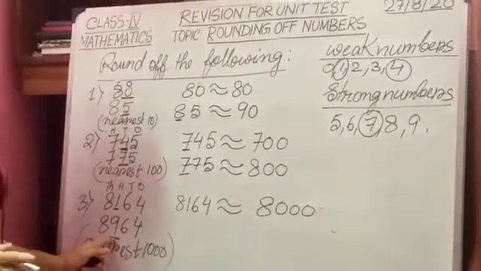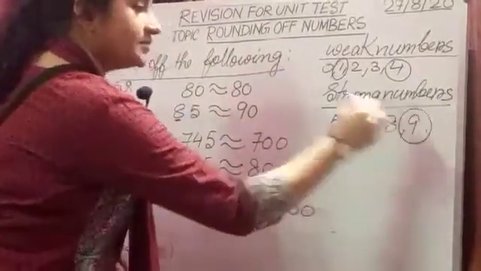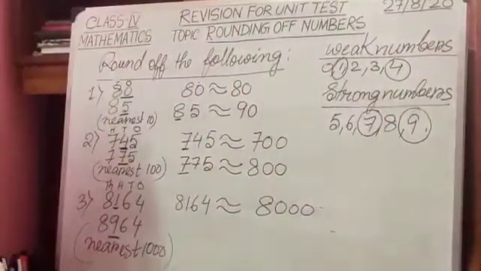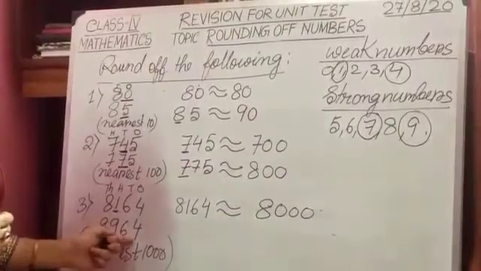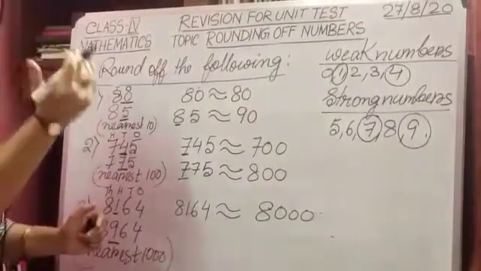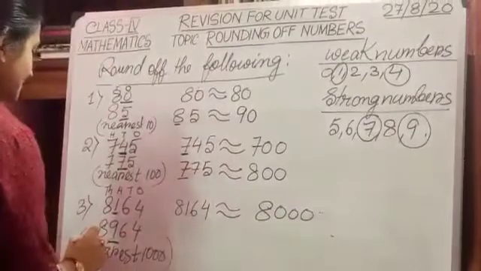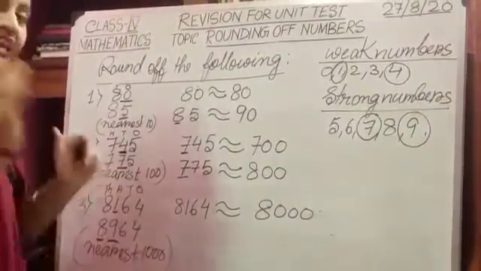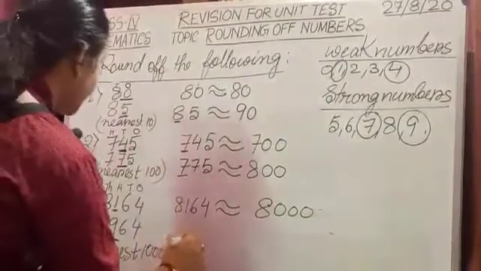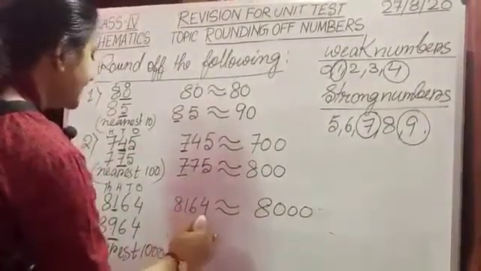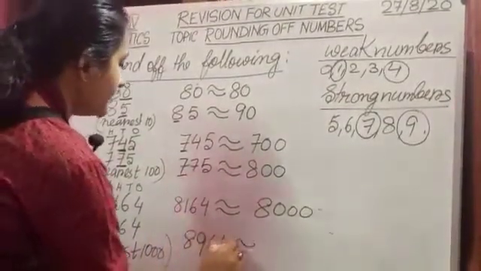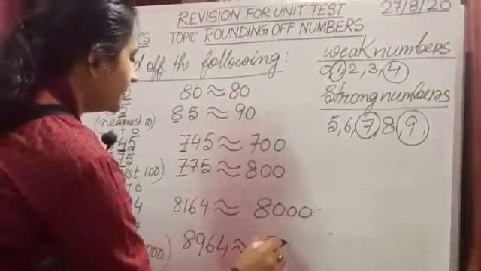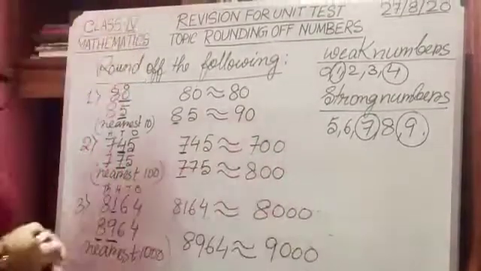It is 9. And 9 is obviously one of the strong numbers. Therefore, this will be estimated to its higher thousands. Right? That means you have to add 1 with this number, the number to be rounded off. Therefore, 8964 can be estimated to 9,000.